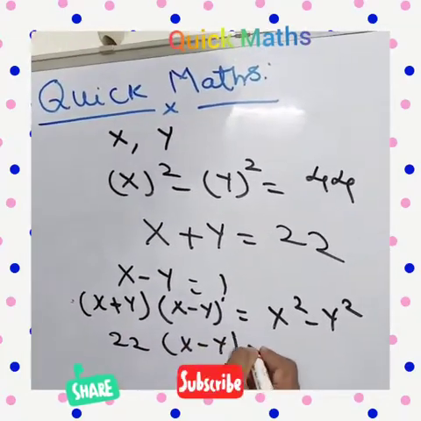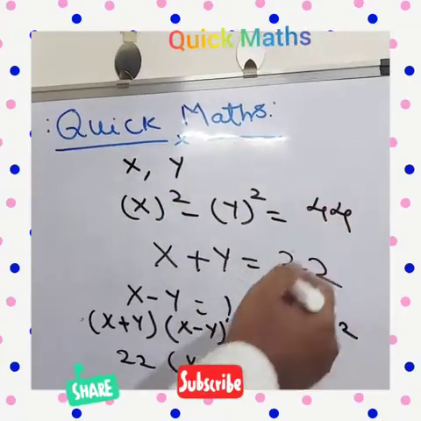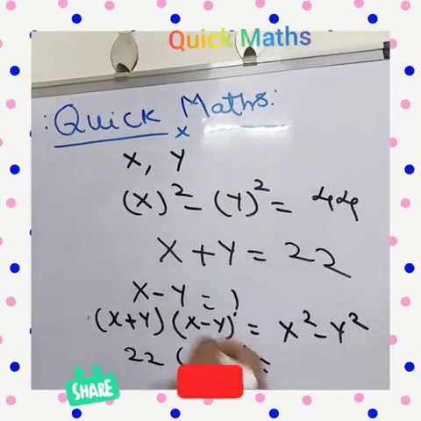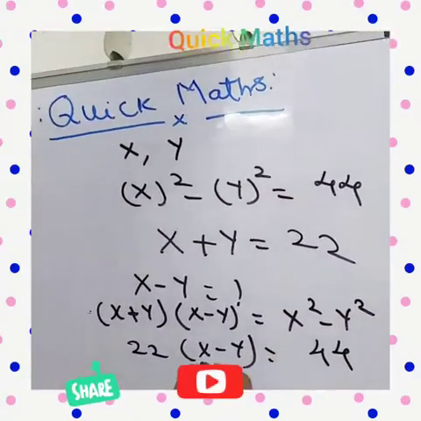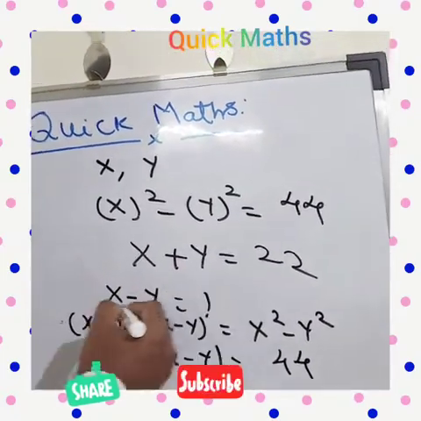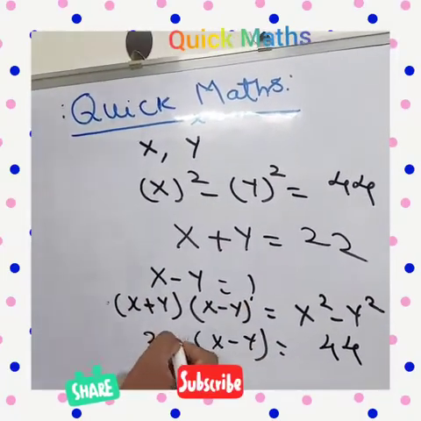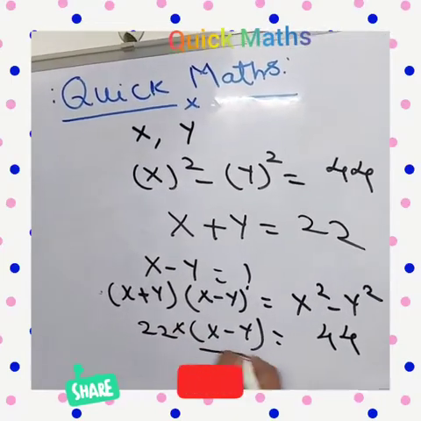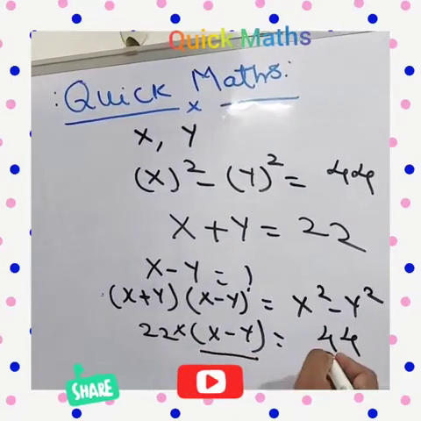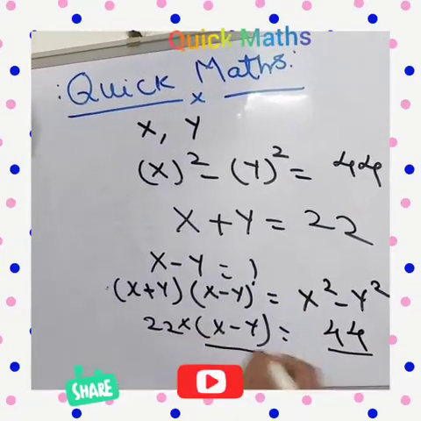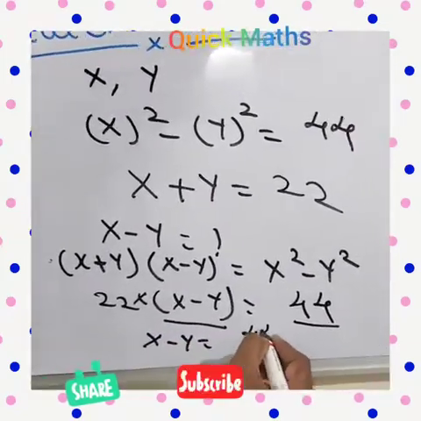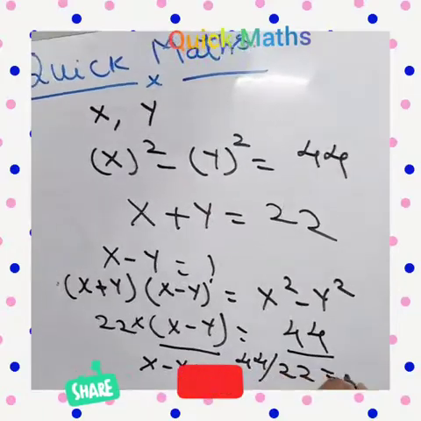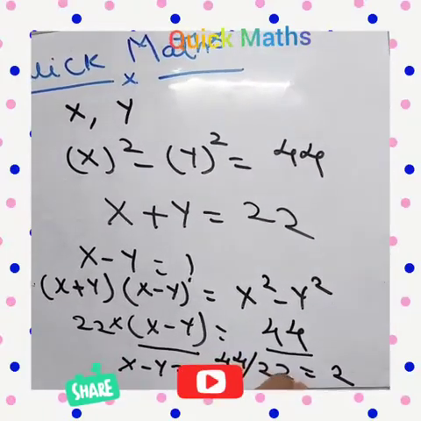Here x minus y we don't know, and x square minus y square is 44. Since it is multiplied, when it goes to the other side, it will be divided. So x minus y is equal to 44 by 22, that is 2. Your answer is 2.